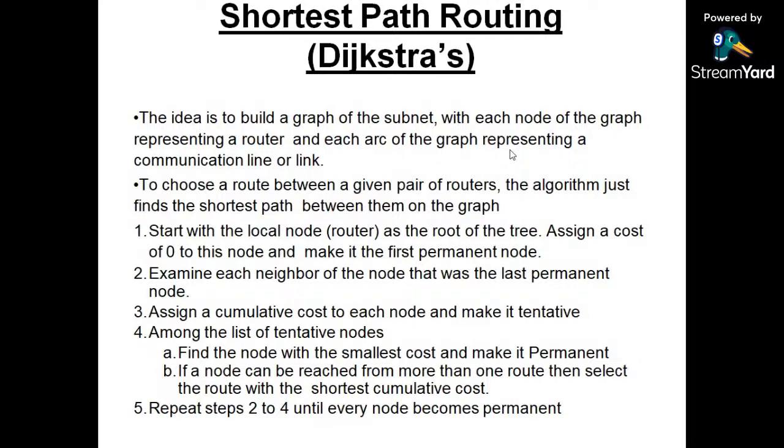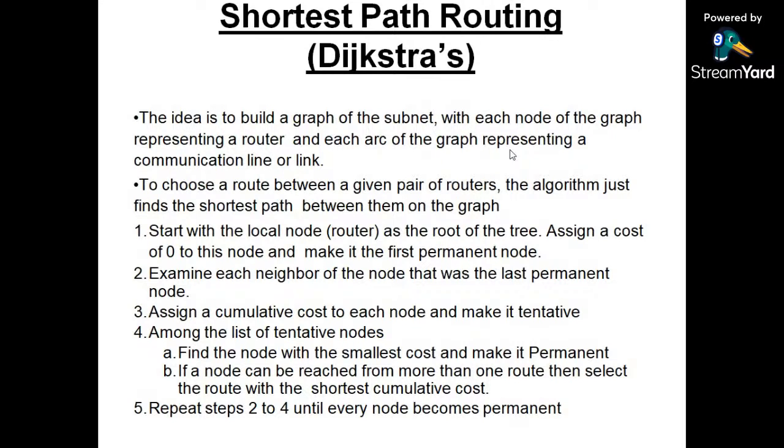So what is the procedure to find the shortest path route? First, start with the local node. We also call this router the root of the tree, assign a cost of 0 to this node and make it the first permanent node. Second, examine each neighbor of the node that was the last permanent node. Third, assign a cumulative cost to each node and make it tentative.